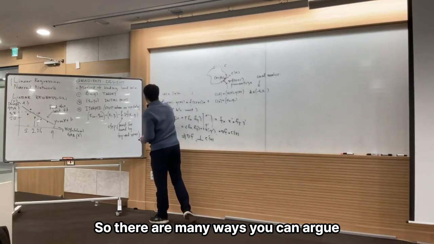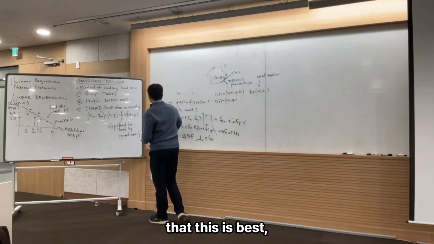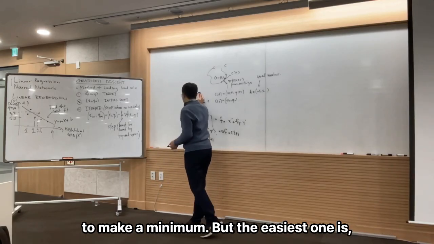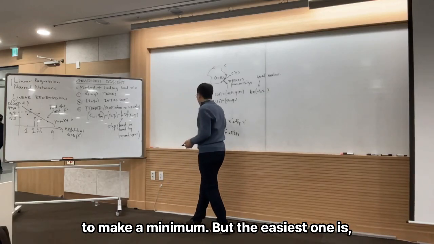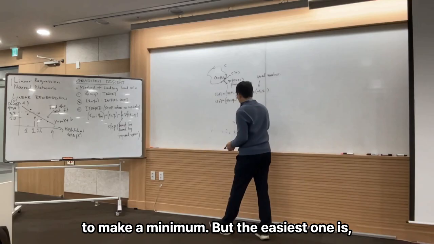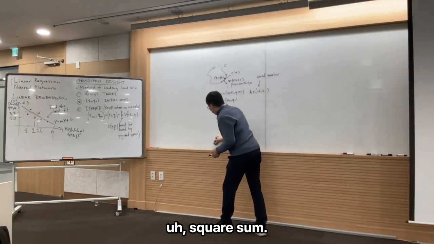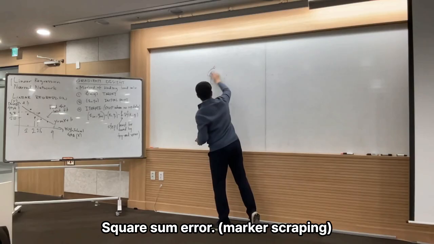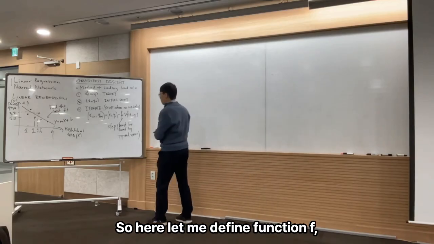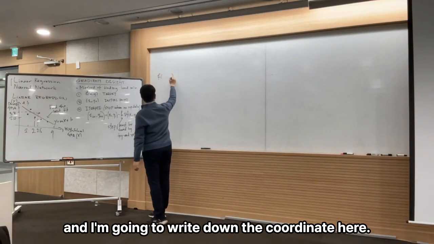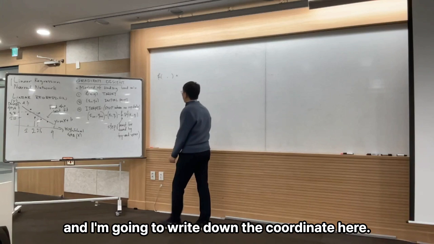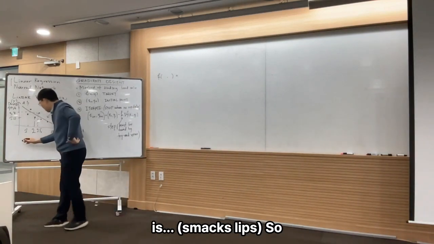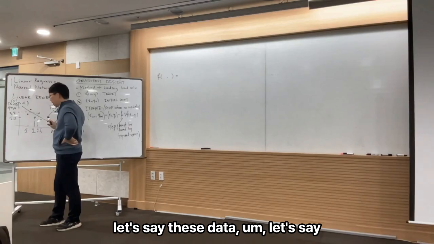There are many ways you can argue that this is best, which means there are many kinds of target functions to minimize, but the easiest one is the square sum error. So here, let me define a function f, and I'm going to write down the coordinates here.